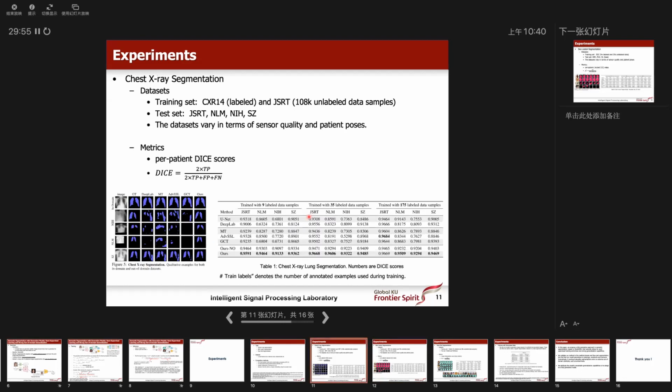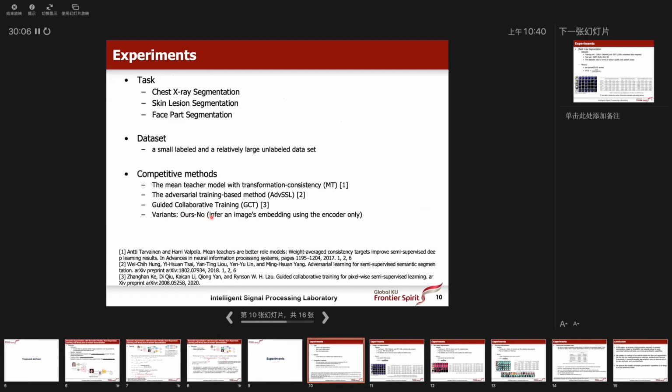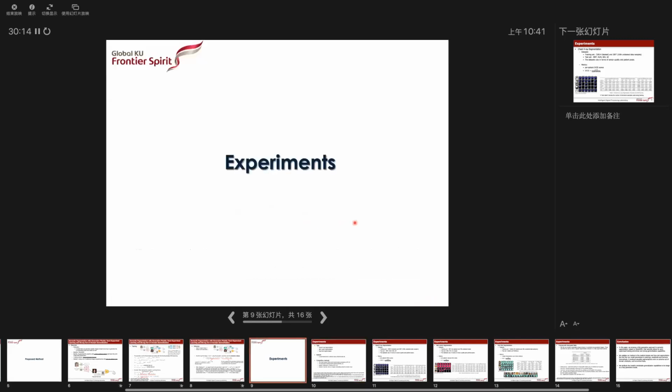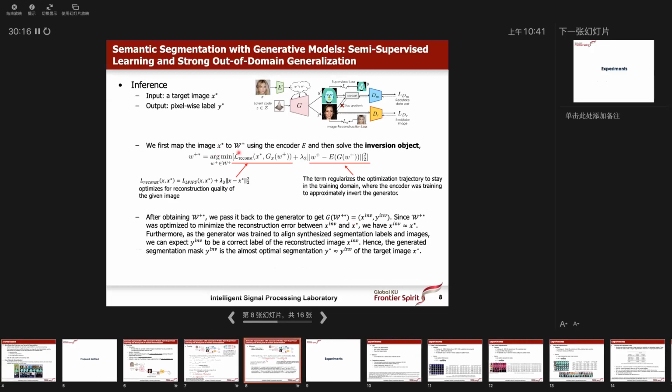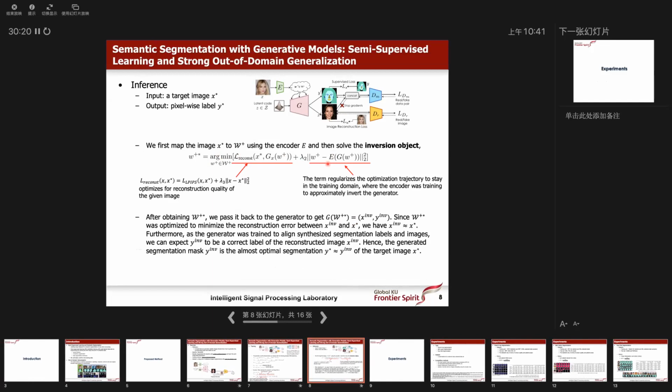So on this "ours dash no", what does that mean? On the table, "ours dash no". Here is the explanation. We infer an image embedding using the encoder only, and we don't do the inversion optimization.